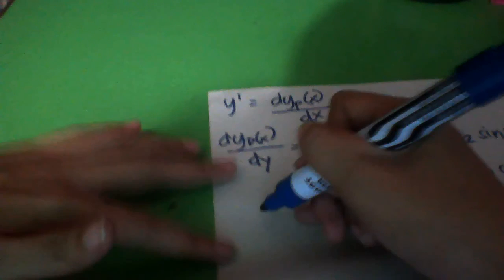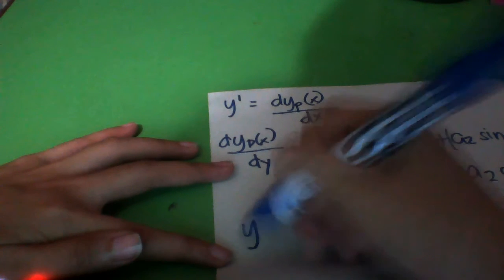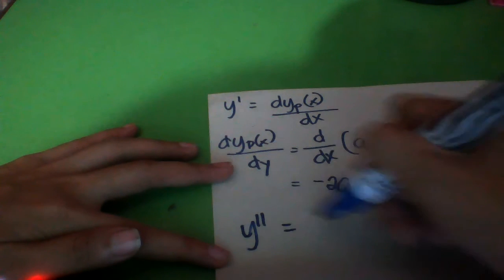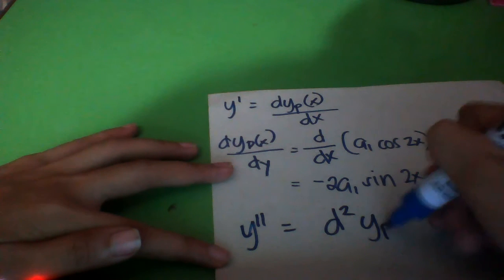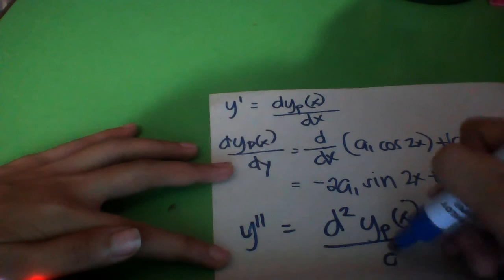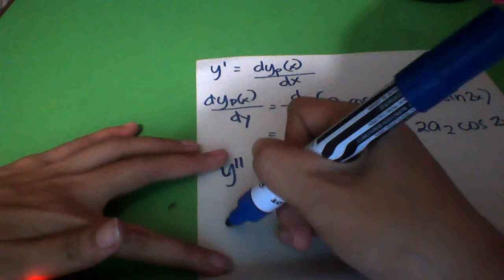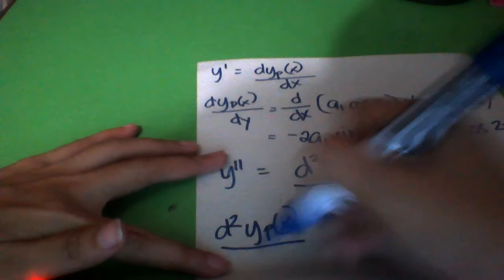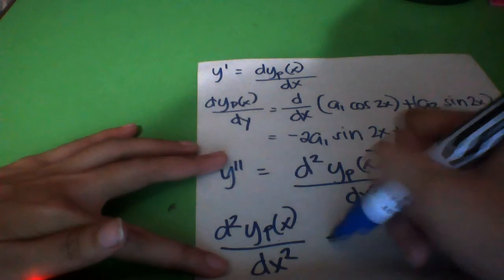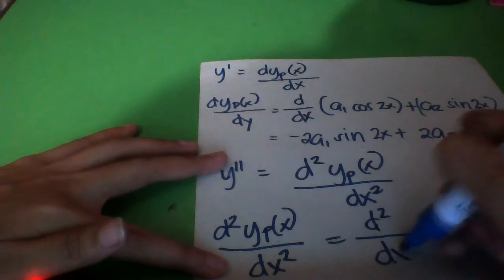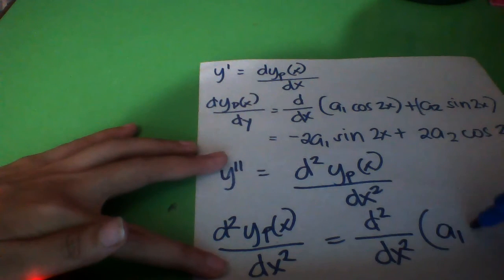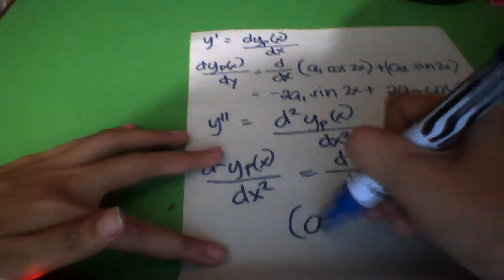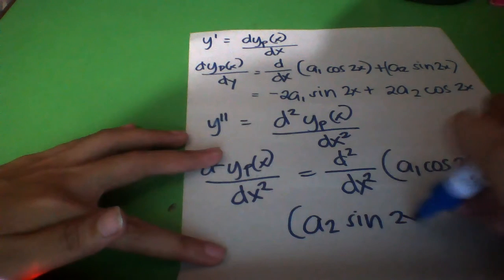Then compute for y double prime, which is equal to d squared y p of x over dx squared, which is d squared over dx squared times (a1 cosine 2x plus a2 sine 2x).